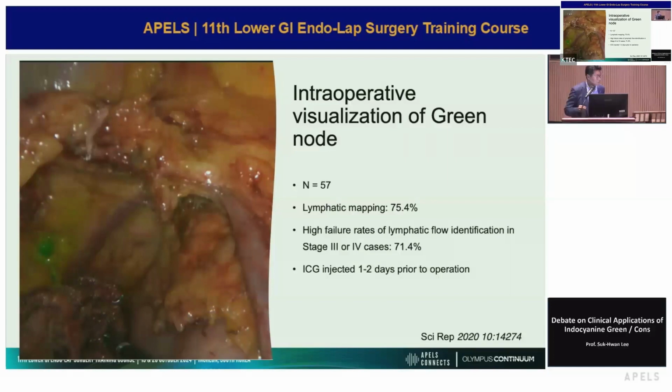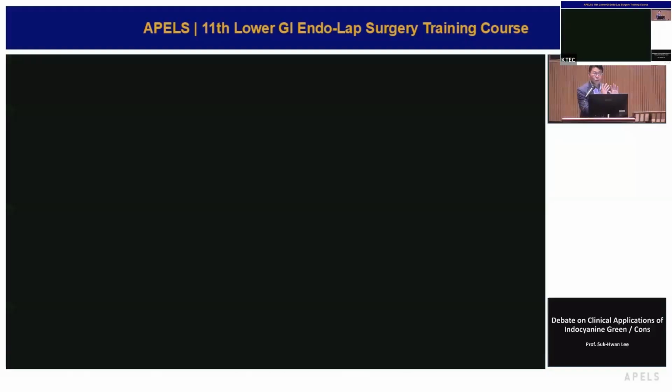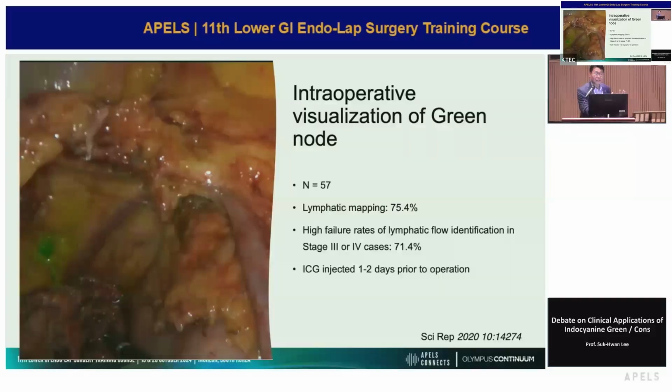However, there was a higher failure rate of lymphatic flow identification in stage 3 or 4 patients. So we use this very important technique for the usual patient population, not for the population who need it.